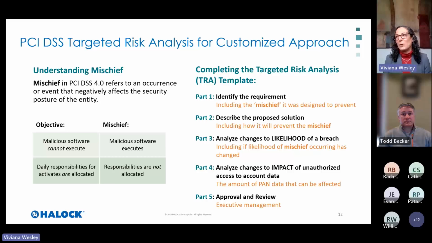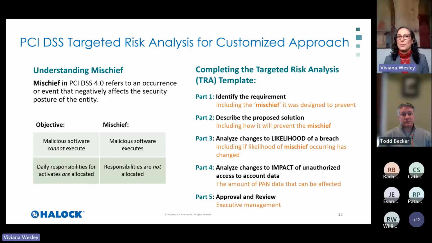Okay. One of the things Todd and I have had lots of conversations about is mischief. There's a new term in the PCI DSS related to targeted risk analysis when it comes to mischief. And in Appendix D, you will see some explanation around this, as well as in the matrices and in the templates that they provide for the controls matrix and the targeted risk analysis.